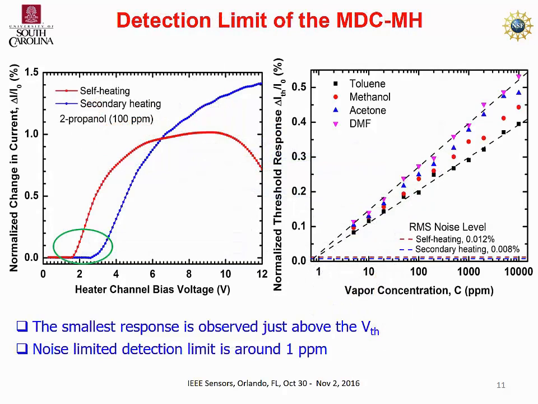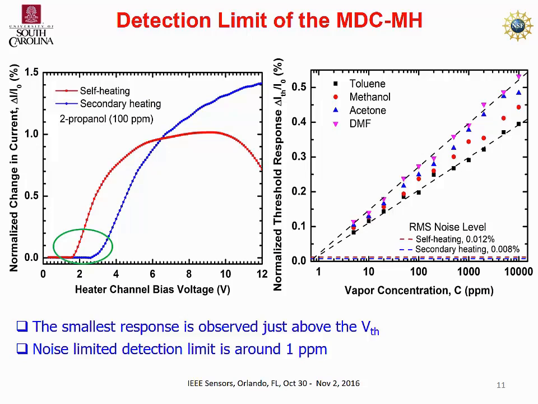And here we see the detection limit. As the concentration goes down, this response will also go down. So the challenge is how low this response can go until we can measure it.